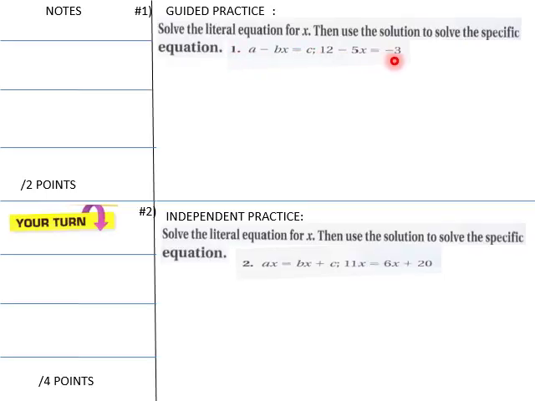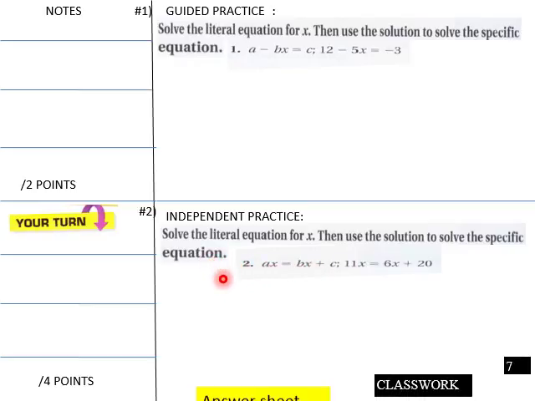We have our situation up here: a minus bx equals c, and we're going to solve that for x and then use that as a model or formula to solve this. Students, do the same thing down here: solve for x and then use that as a formula to solve your equation down there.